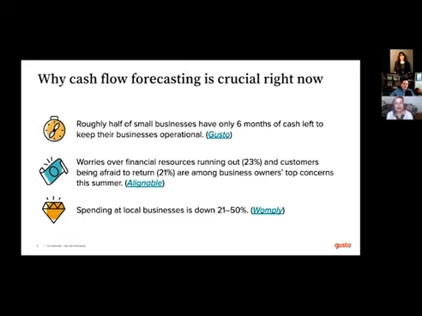And then spending at local businesses is down 21 to 50%. So we are seeing drops in revenue with businesses. And this is all why thinking through the future and having a model that really addresses these concerns proactively before we're in the middle of it can really help your business survive and weather these storms.